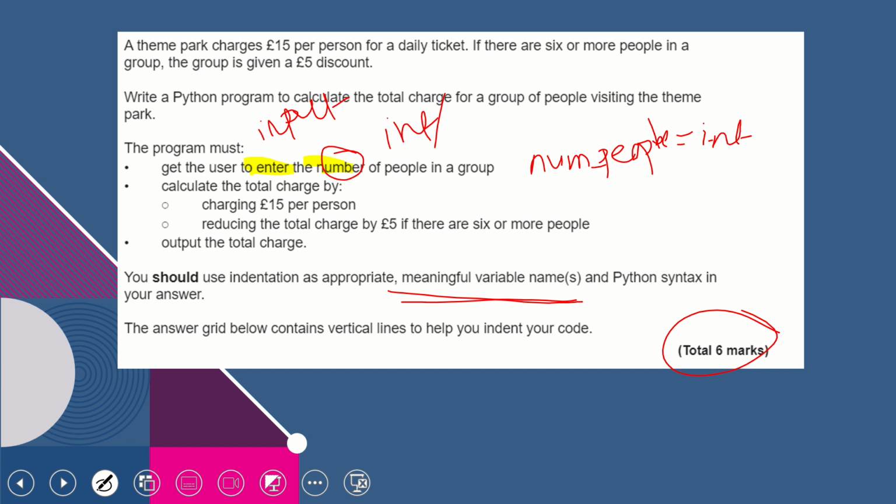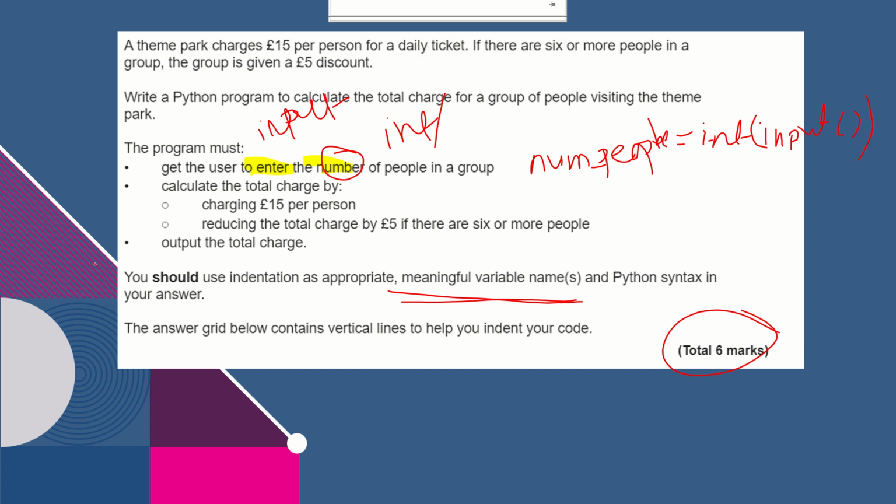Remember, number of people can't be a float, so you have to have int correctly here. We have to use logic in that sense, and then you have to include input with the brackets like this. That's it. Even if you have done just this correctly, you immediately get the first mark out of 6.